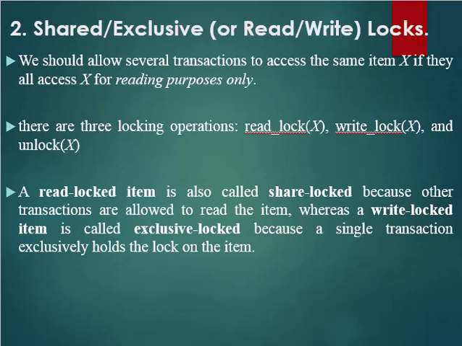We are including one more phase into that. If all the transactions only need to read the data item, then all can access the data item at the same time, because nobody is changing the data item, so that operation won't create any concurrency problem.